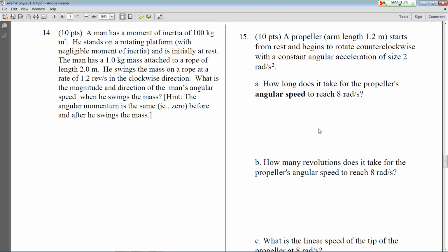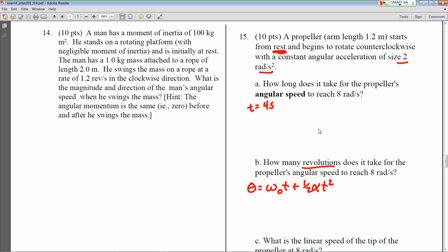Well, you sort of have to work through part A. Does anybody know what the time is for this one? 4 seconds. And then you want to know how many revolutions does it take for it to get up to that speed. And so I say theta, right? I know it's theta because it says revolutions, equals omega naught t plus 1/2 alpha t squared. I know that omega naught is 0 because it starts from rest. And this is my angular acceleration.